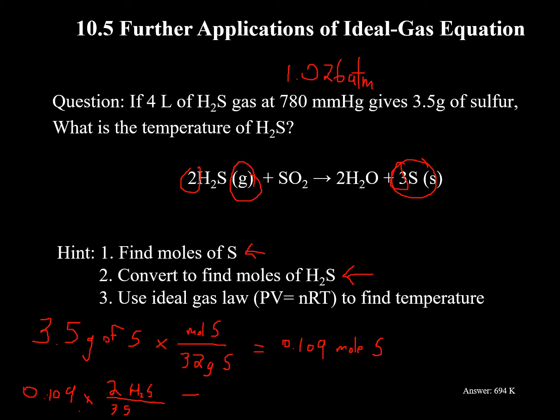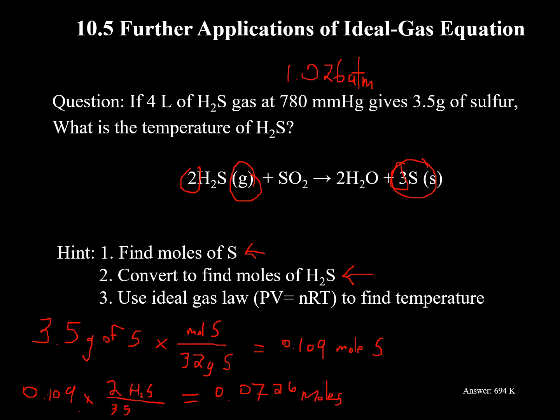And here we get 0.0726 moles of H2S. Again, we cannot use moles of sulfur. We have to use moles of H2S because that's what the conditions given refer to.